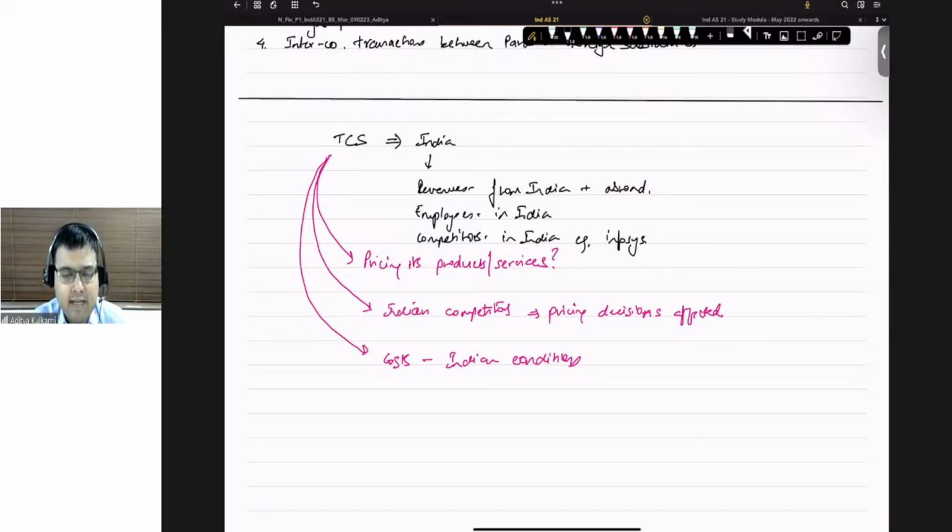Is it the currency inflation of India? Is it the economic conditions of India? Is it the competitors within India? Is it the cost factors within India? If all these conditions are ticked, then you can say that Indian currency is the functional currency for TCS.